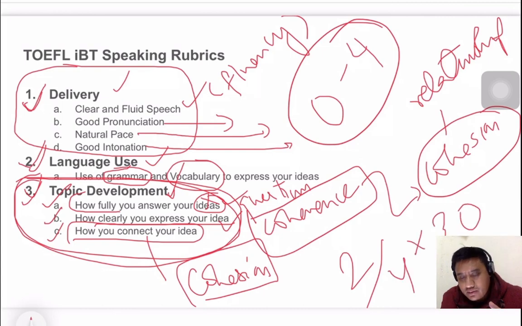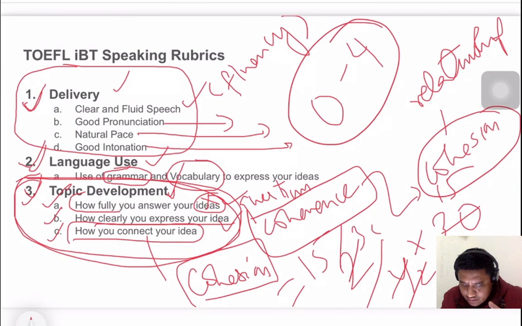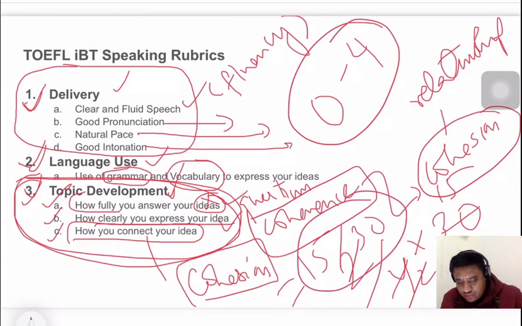That's how they calculate. So you're scoring 15 out of 30. So if we score 2, then you score 15 out of 30. Yeah, so that's the TOEFL iBT speaking rubric.